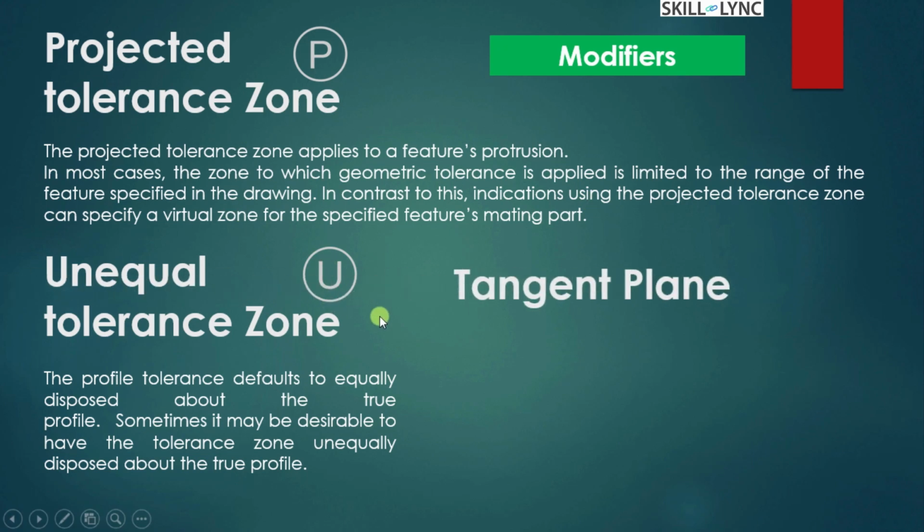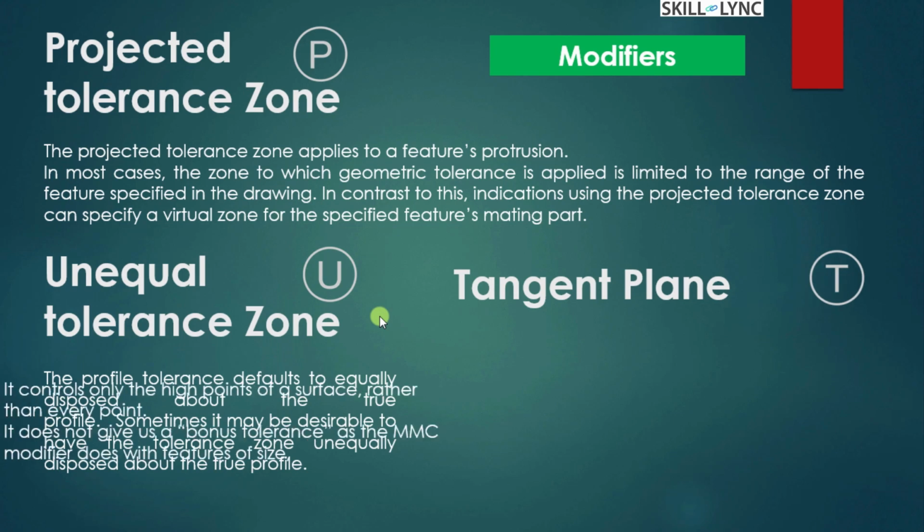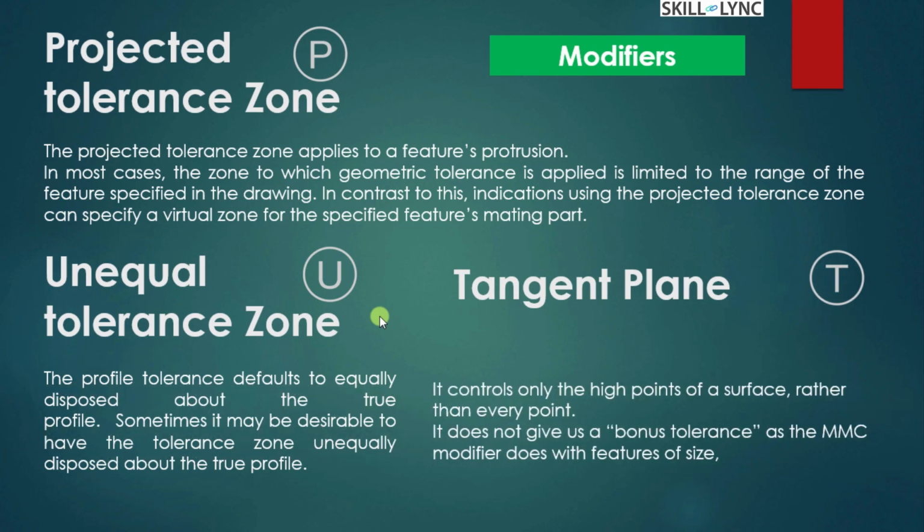So next what we have is the tangent plane modifier represented by T. This is an easier way to control the surface, because normally in any tolerance, suppose you consider flatness or parallelism, then each and every point on that surface has to align to the parallelism tolerance.